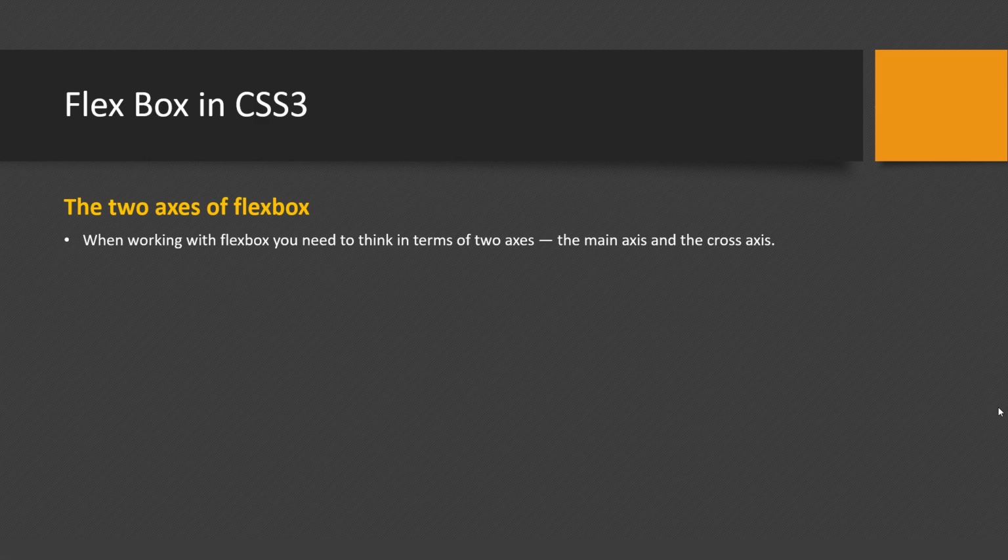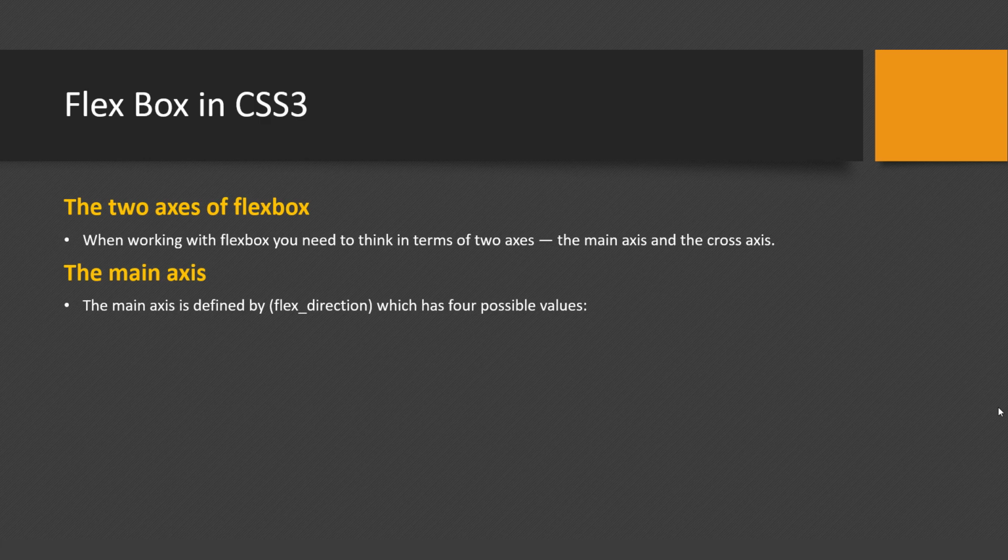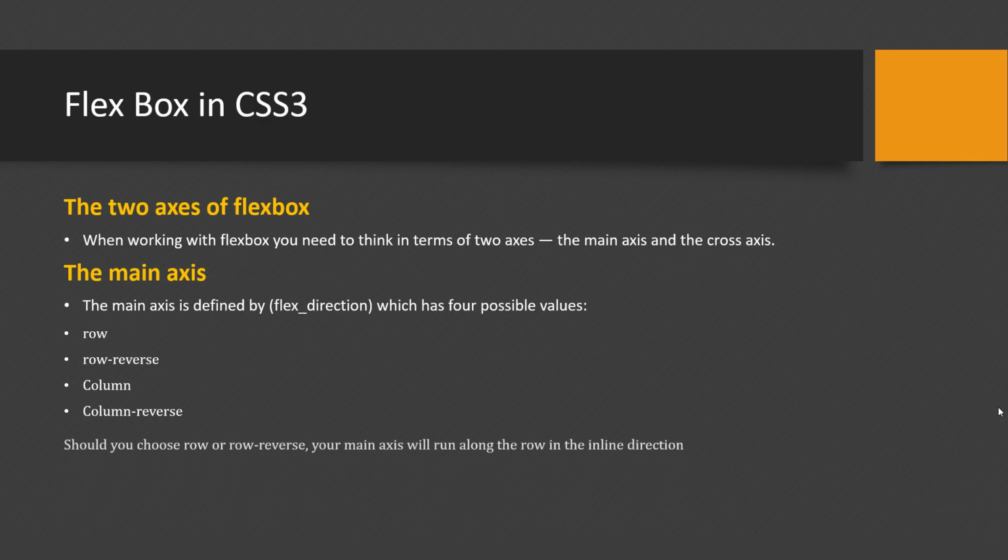When working with Flexbox, you need to think in terms of two axes: the main axis and the cross axis. The main axis is defined by the flex direction, which has four possible values: row, row reverse, column, and column reverse.